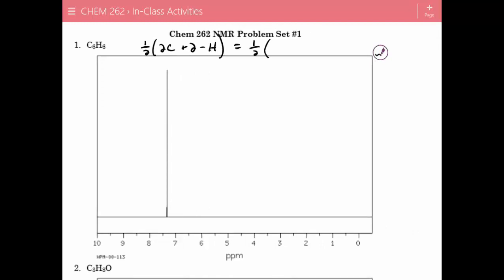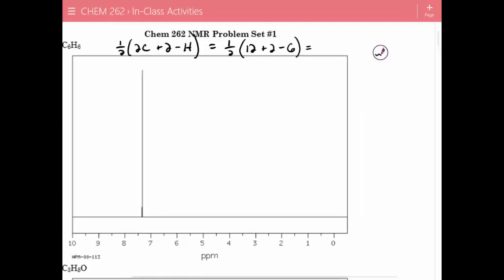How many carbons? 2 times 6 is going to be 12. Plus 2 is 14. Minus 6 is 12. That gives us an HDI of 6. Or sorry, 4. Good. This is why I teach chemistry. So we've got an HDI of 4.